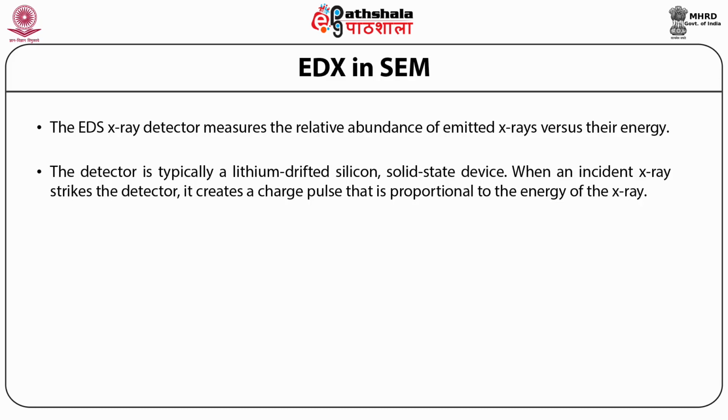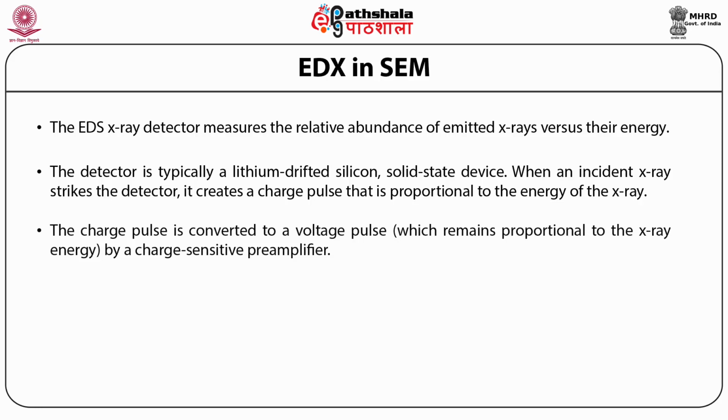When an incident X-ray strikes the detector, it creates a charge pulse that is proportional to the energy of the X-ray. The charge pulse is converted to a voltage pulse, which remains proportional to the X-ray energy, by a charge-sensitive preamplifier.